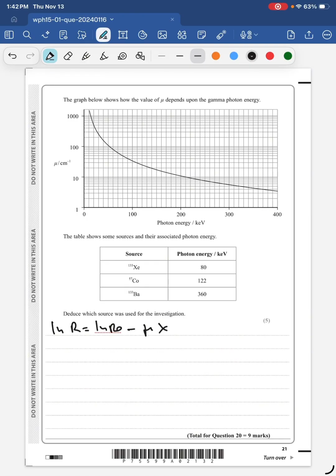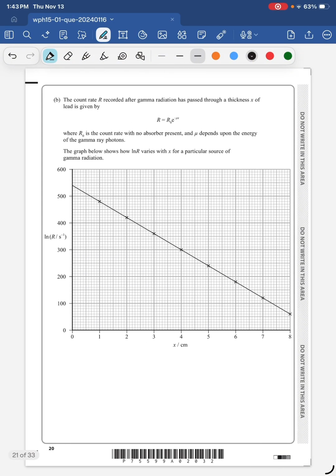So mu is equal to, let's see, we can use any two values pretty much on this graph. So I'm going to use, let me see, 6.5.